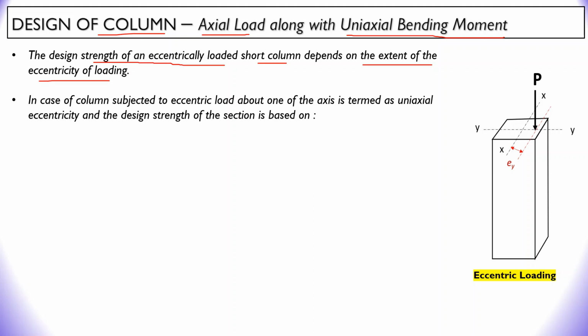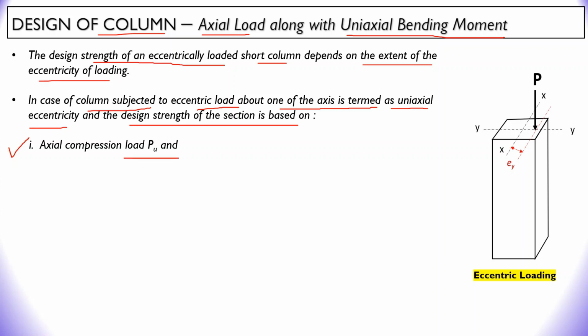Now, in case any column is subject to eccentric load about one of the axes, we term it uni-axial eccentricity, and the design of that column will be based on the following parameters. First of all, we have to take into consideration the axial load, that is the factored ultimate load acting on the column.